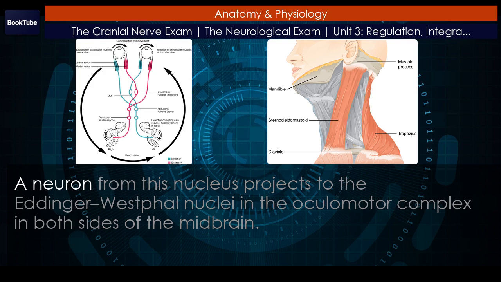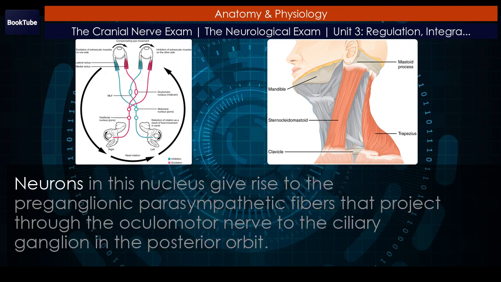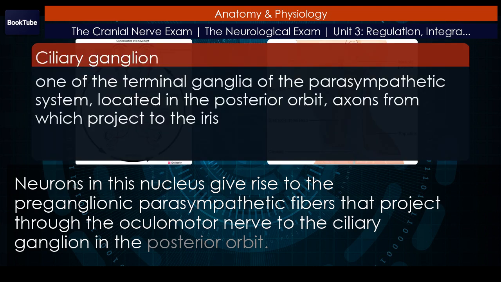A neuron from this nucleus projects to the Edinger-Westphal nuclei in the oculomotor complex in both sides of the midbrain. Neurons in this nucleus give rise to the preganglionic parasympathetic fibers that project through the oculomotor nerve to the ciliary ganglion in the posterior orbit.